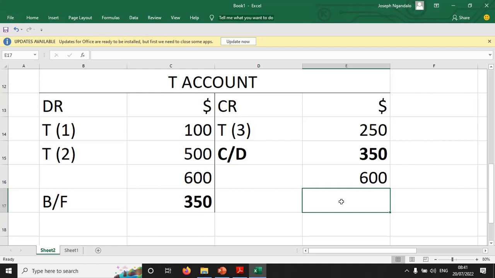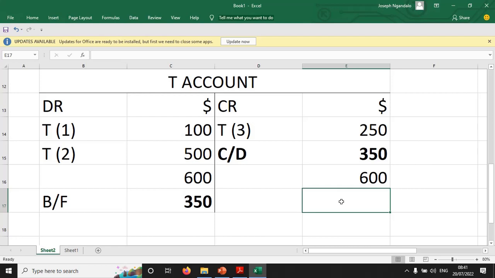On the brought forward, I repeat what I said. This account is a debit account. Why? Because the total on the debit side was bigger than the total on the credit side initially.